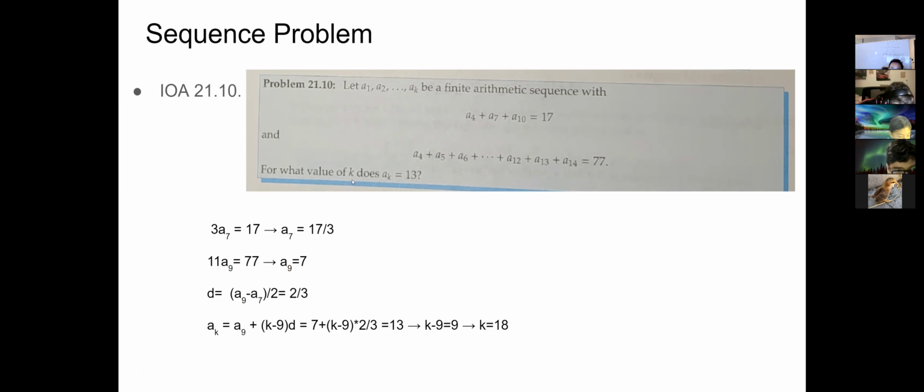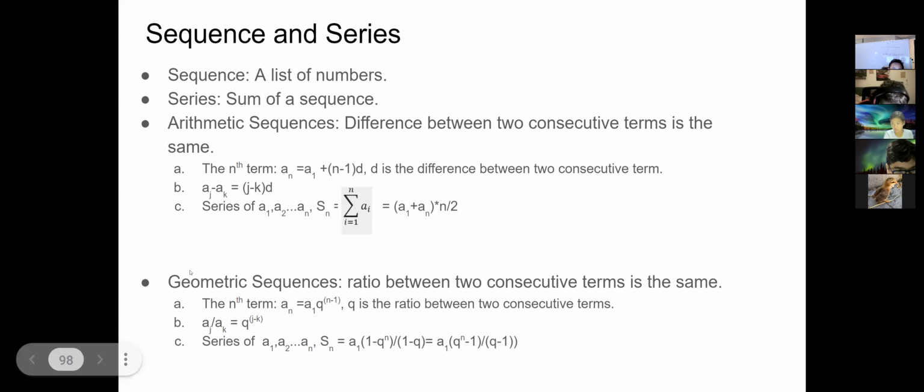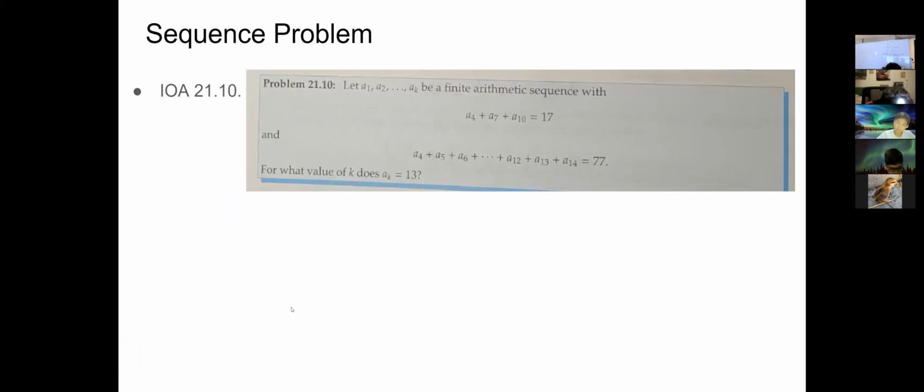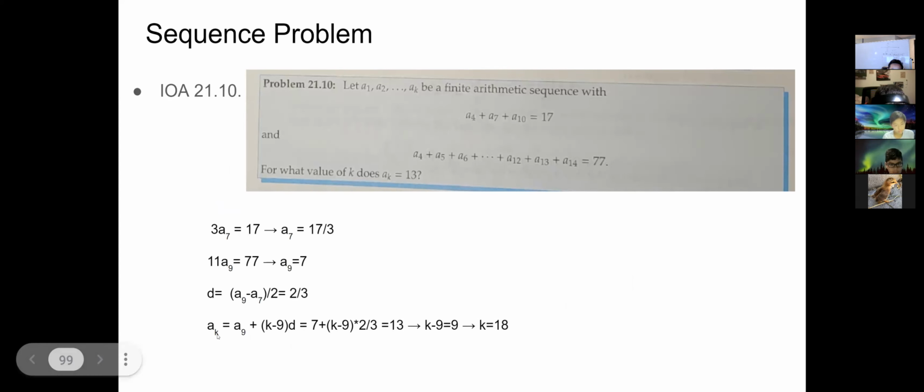And now we want to find what K is when AK is 13, right? We can just start from 9. Let's say we have A9. Just to make sure you are following me, we're still using this formula. The index difference is K minus 9, so AK equals A9 plus (K minus 9) multiplied by D, that's 7 plus the whole thing.